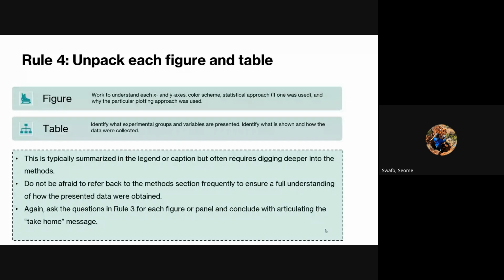You need to work on understanding your x and y axis, and you need to understand the color scheme that is actually represented. For instance, maybe someone used light green, and as the concentration increases, it goes to a darker green.